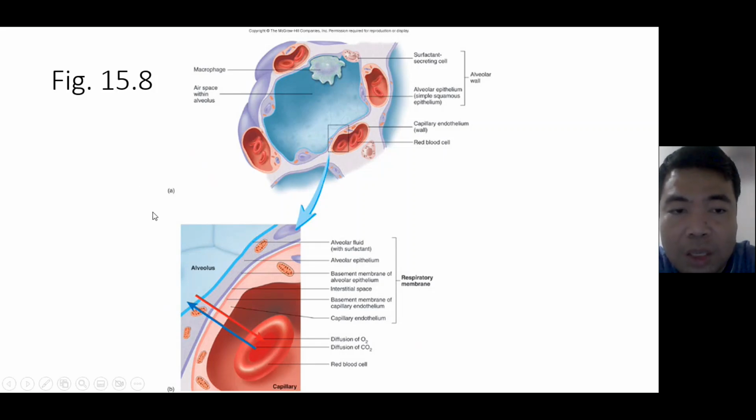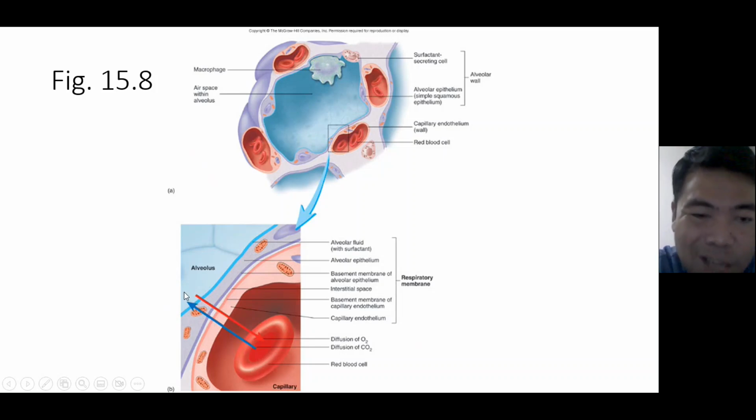The oxygen that we have inhaled, the oxygen present in the air that we have inhaled will diffuse from the alveolus going into our red blood cells. While yung carbon dioxide from our blood, particularly from our red blood cells, will diffuse from the red blood cells going to the alveolus.